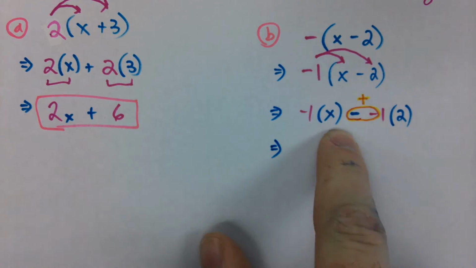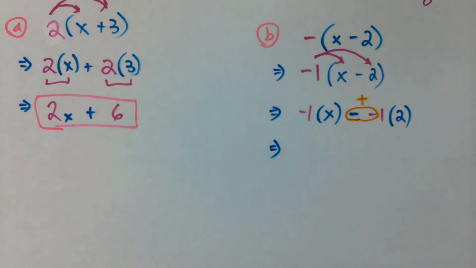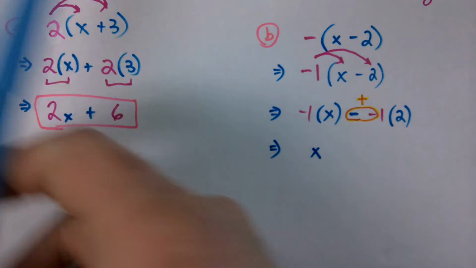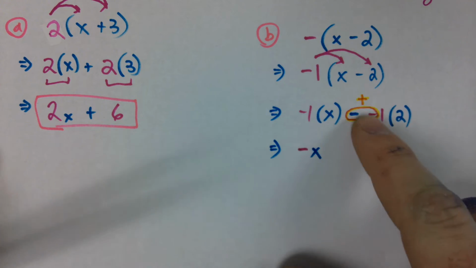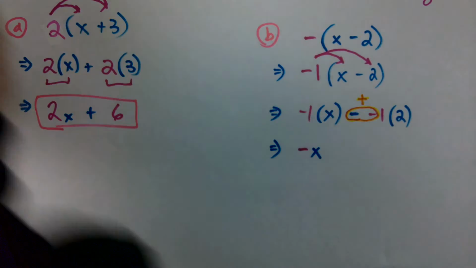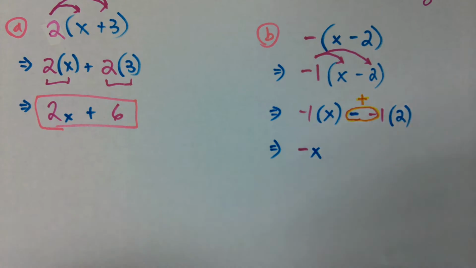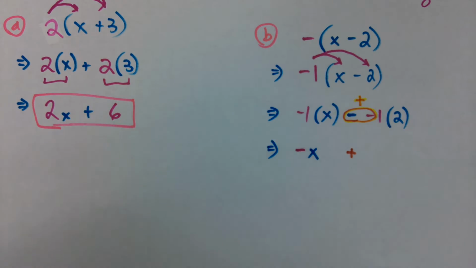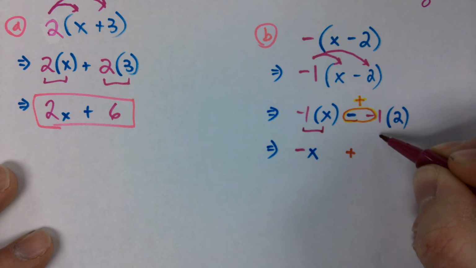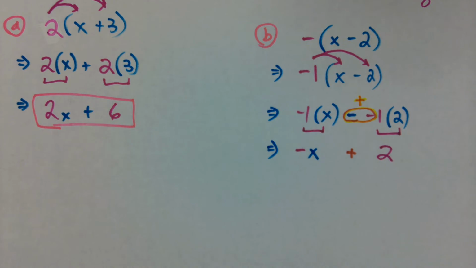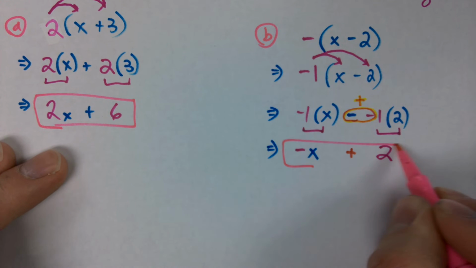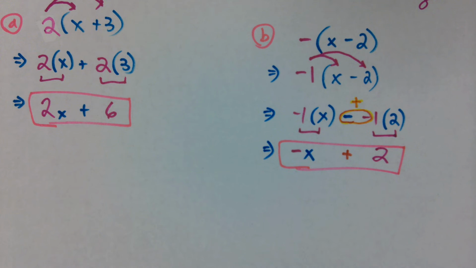What's negative 1 times x going to be? Negative 1x. We can just call it negative x. And then we're going to plus. We've got a plus in here now. And what's 1 times 2? 2, right? So our simplified expression is negative x plus 2.